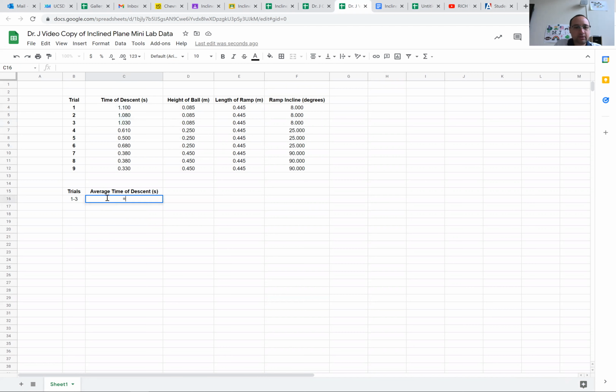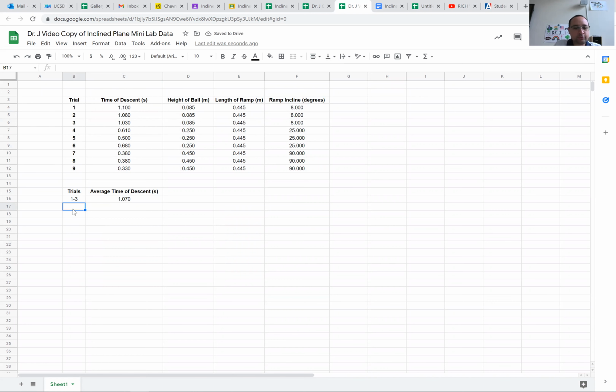So I type in equals average, and they might be different for you, so you have to pay attention to which cells contain your times. But I go average from C4 colon C6, okay? And then I hit enter, and I get my average.